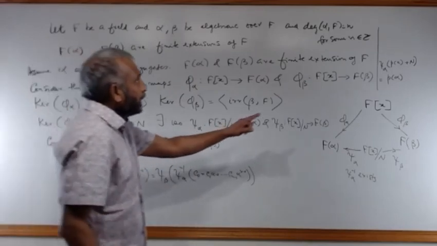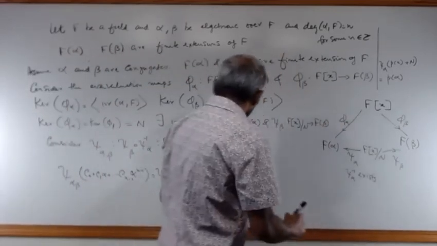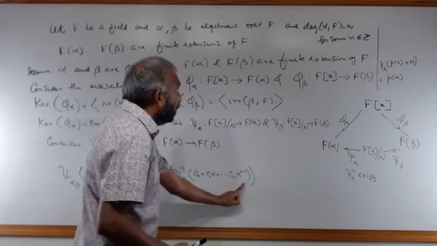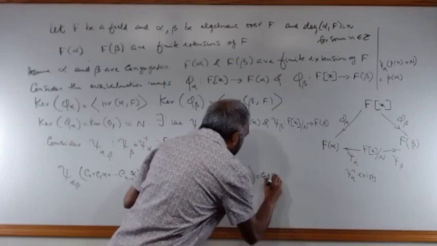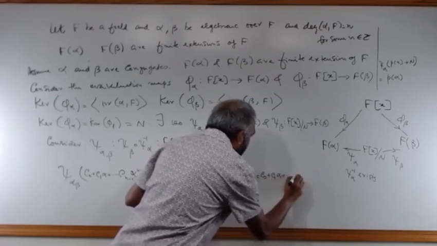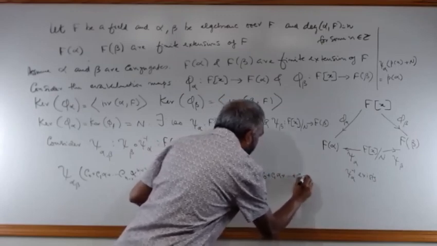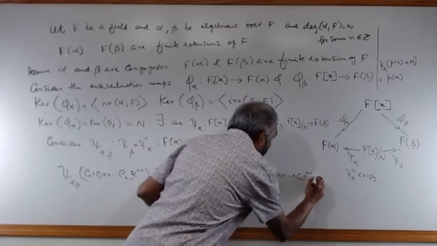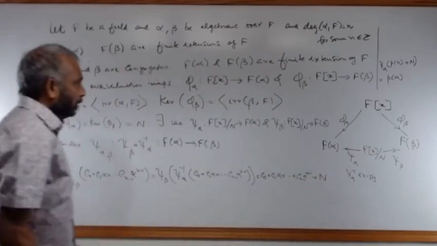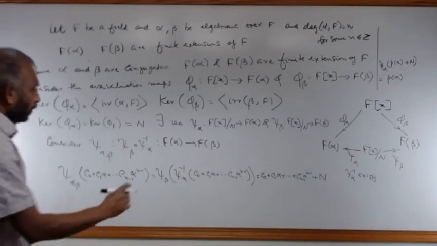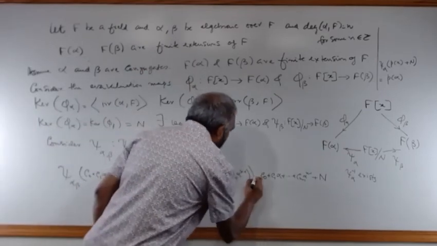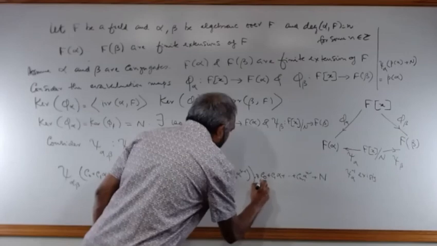So when you take the inverse of this, which is a polynomial in alpha, then this will be c0 plus c1 x plus dash dash plus cn minus 1 x to the power of n minus 1 plus n, because that's the inverse. Of course, that is of psi of beta.